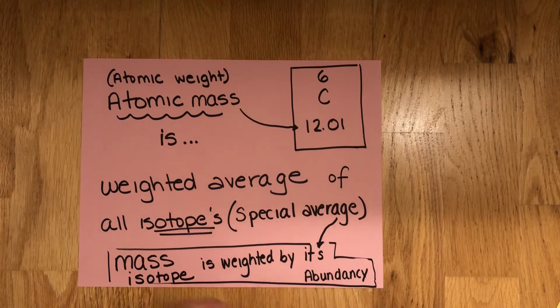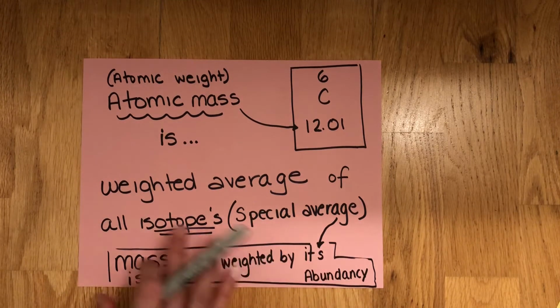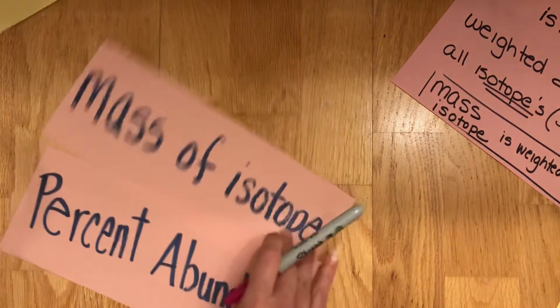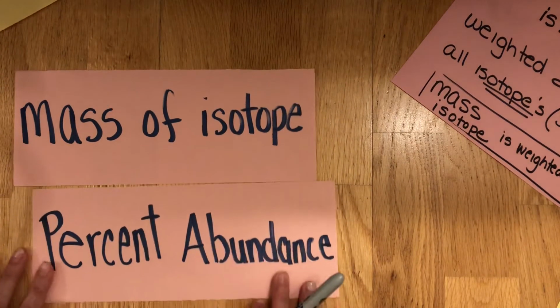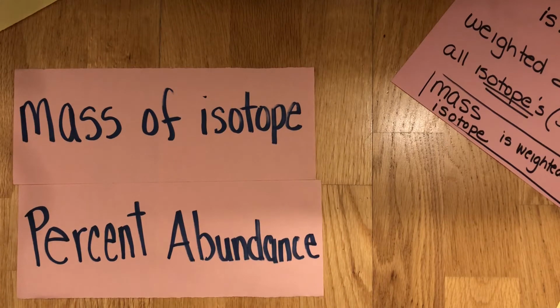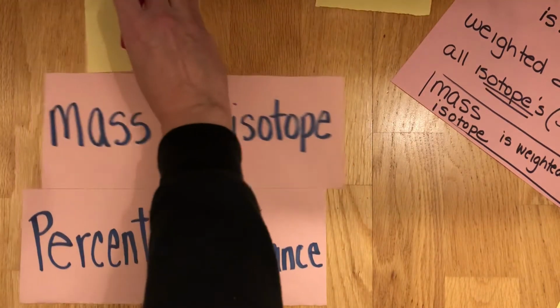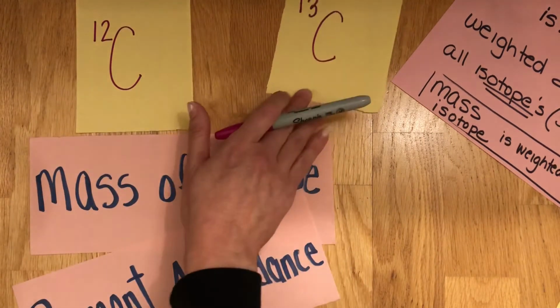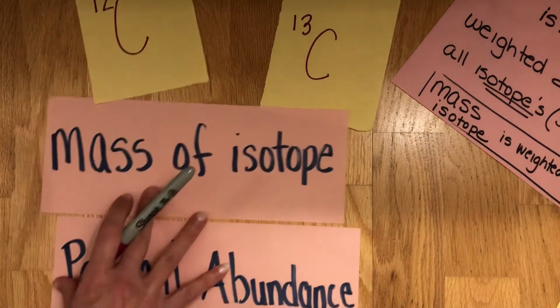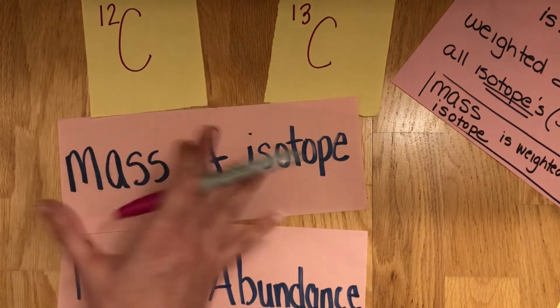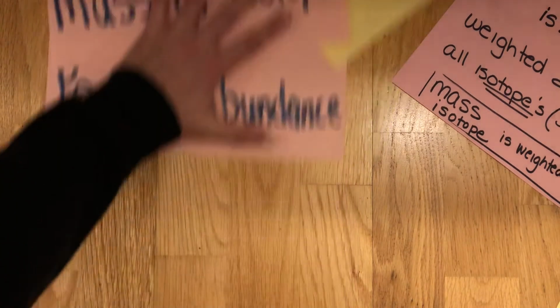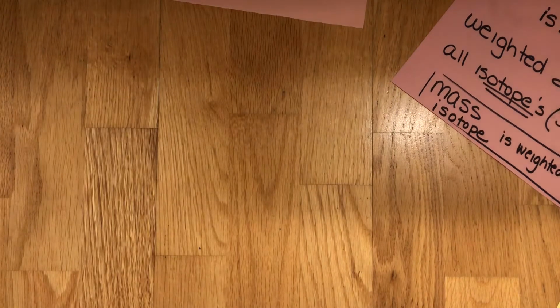And that's just kind of a fancy way of saying, take your isotope's mass and multiply it by its abundancy, and then take the next isotope's mass and multiply it by its abundancy and add them together. So you're gonna see me do that right now on this problem.